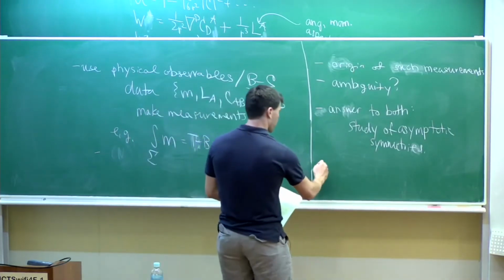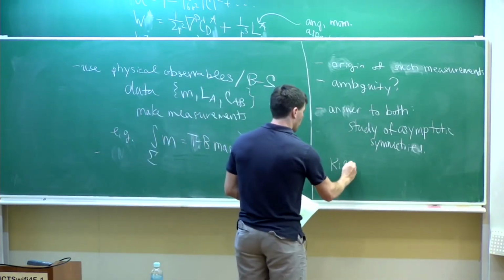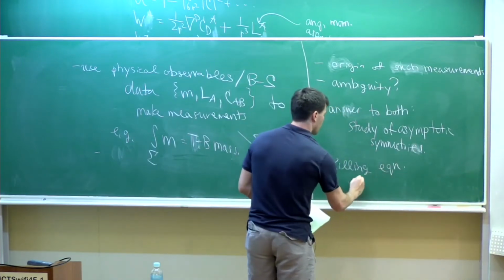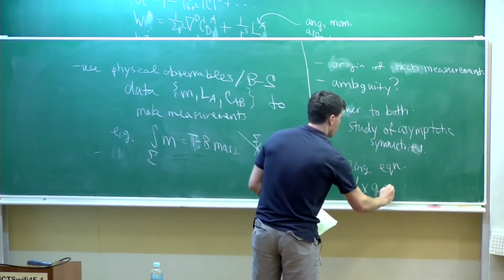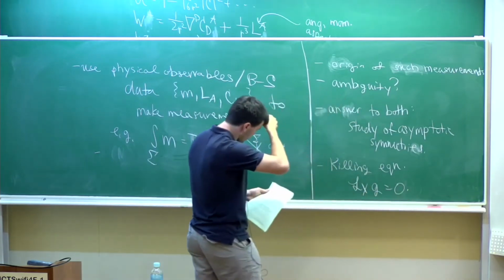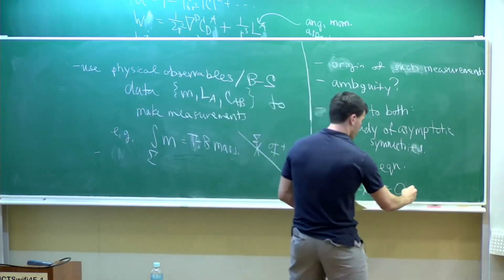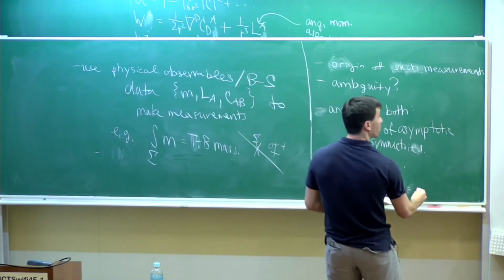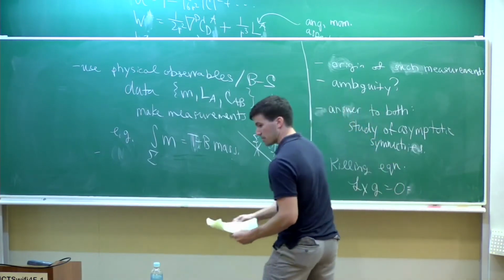What is a Killing vector field? Well, we have this Killing equation, which works out to being, in local coordinates... Let's see, do I have space to write this? I probably don't.